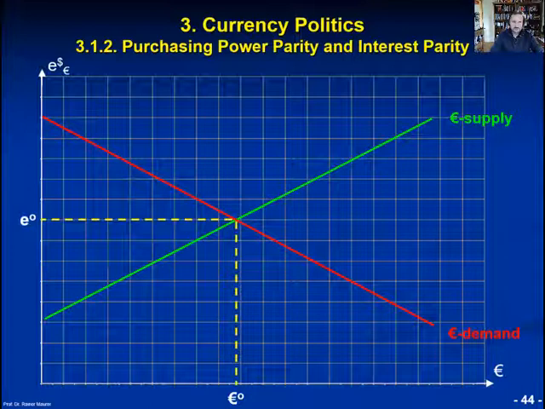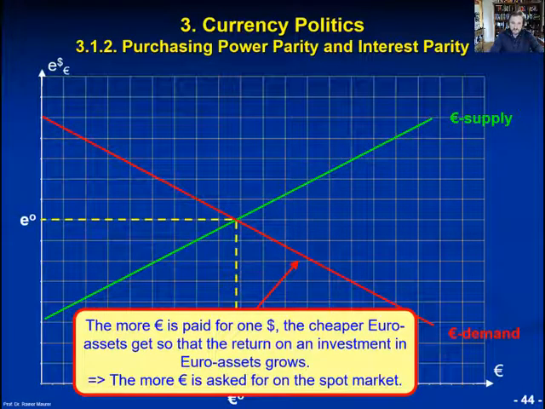Let's measure the exchange rate again on the y-axis and the volume of traded euros on the x-axis of the foreign exchange market. As we have just discussed, the euro demand curve has the usual negative slope, since the more euro is paid for $1, the cheaper euro assets get, so that the return on an investment in euro assets grows.